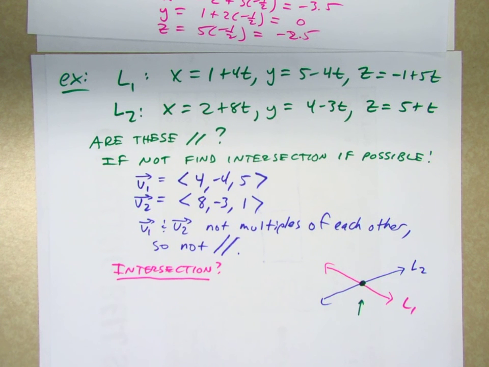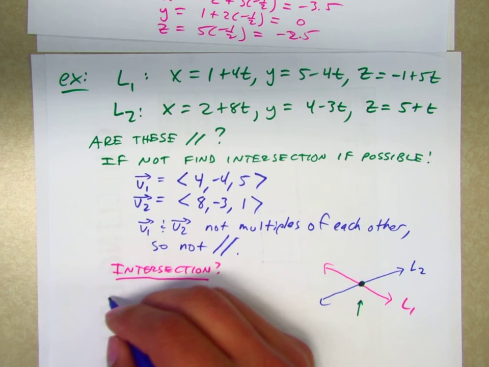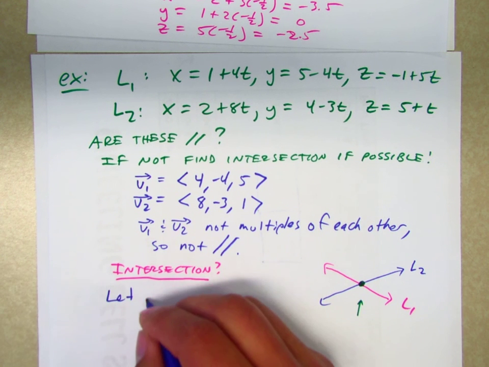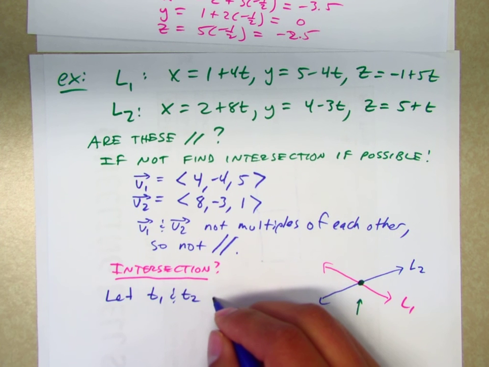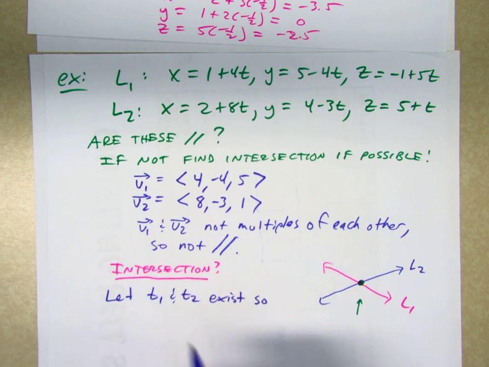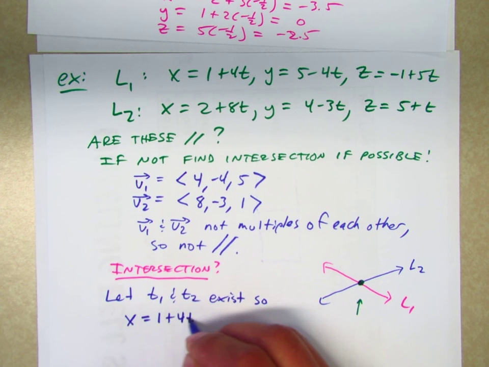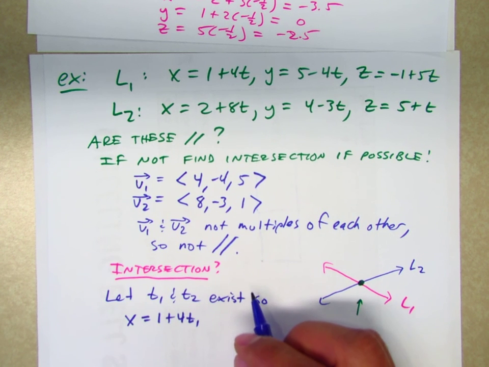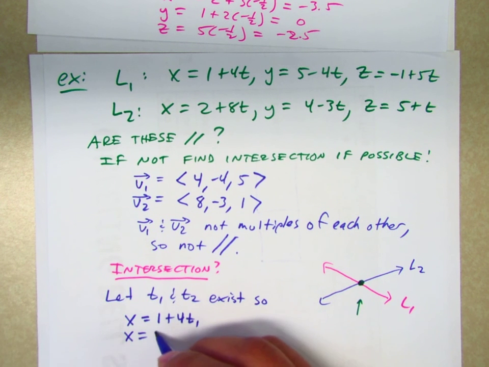So with that being said, what we need to do first is let T1 and T2 exist, so that now we have x equal to 1 plus 4T1, and then x equals 2 plus 8T2.